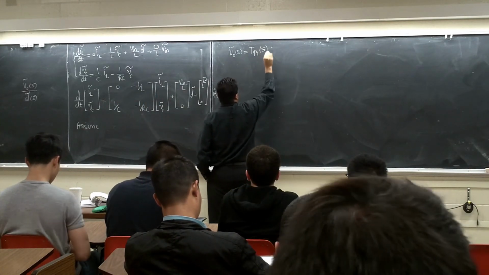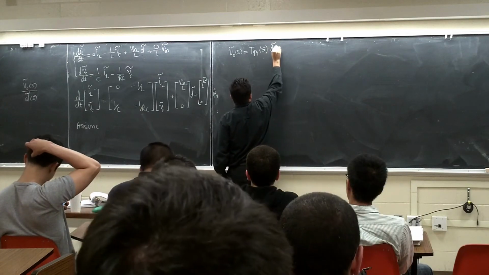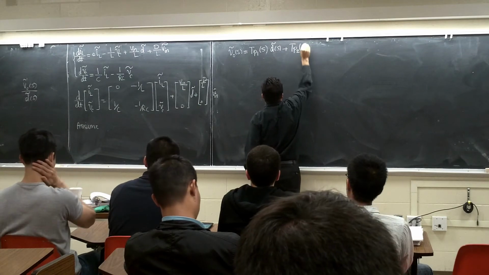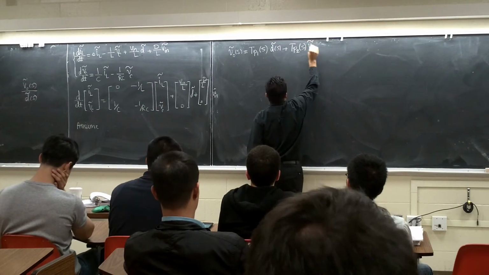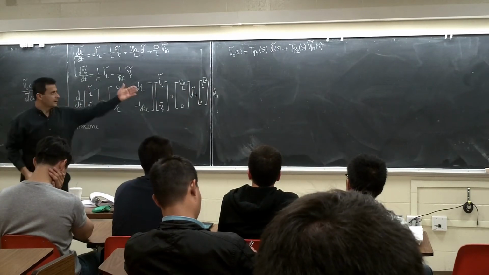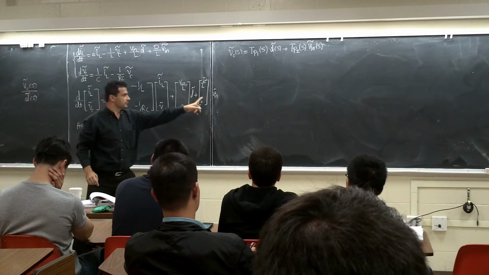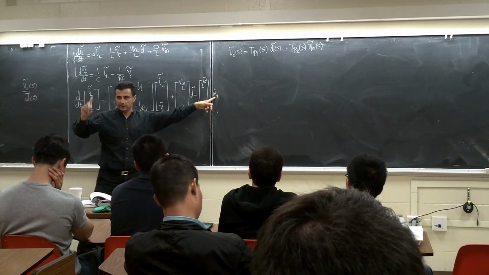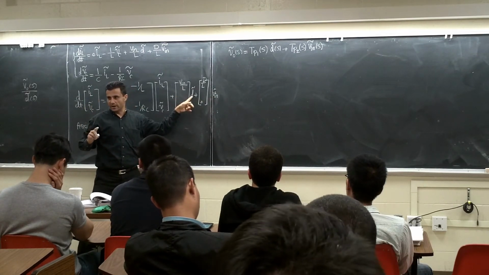TP1S times D tilde S plus TP2S. You know what I'm saying? You have two inputs here. V in tilde, you can change the V in, right? The tilde, you can change the D, right?